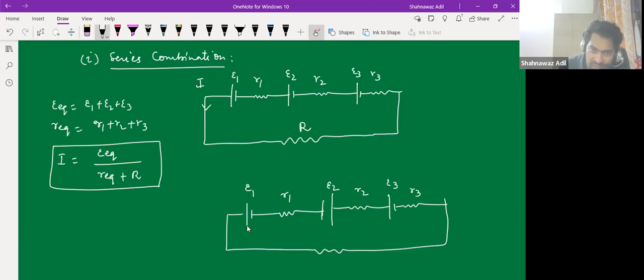We can see that this is positive, negative, but this is negative, positive. So this is in opposite polarity, and current is flowing in this way. So this is discharging, but this is charging, because it is getting current in this direction. Whenever charging happens, the polarity will be changed.